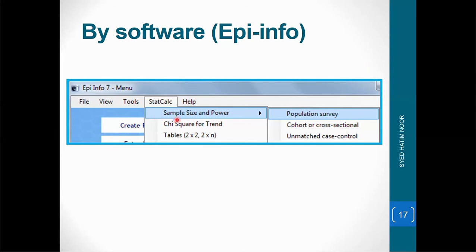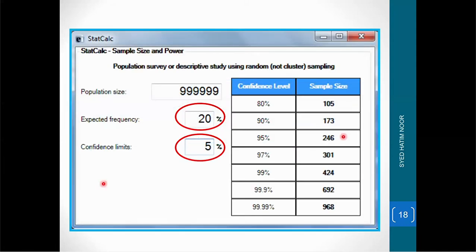So StatCalc. Look at sample size and power. Go to population survey. Can you get this one? Only the appearance in front is different, they make it nicer, like by drawing that box, but it's actually the same thing. Population size, don't bother.